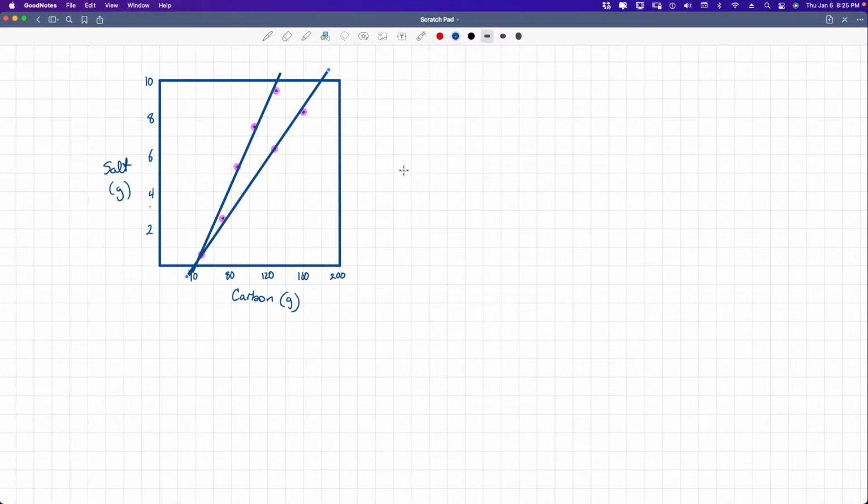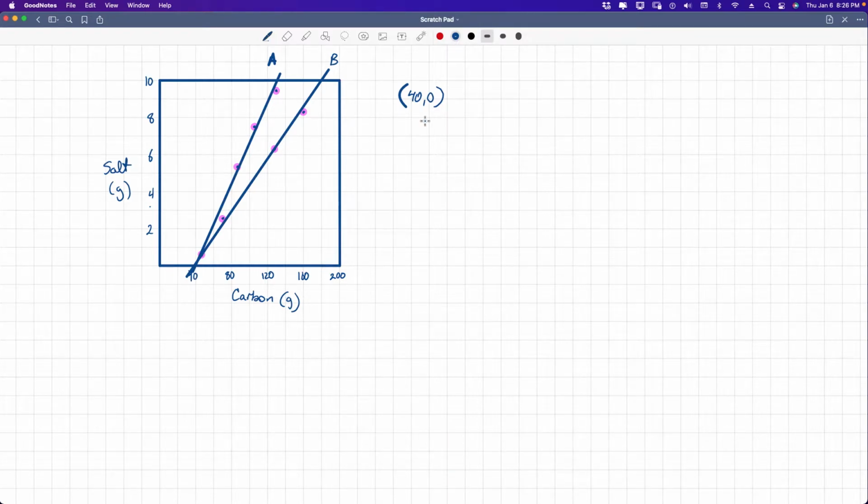So let's see if we can solve these two. It appears that line A is passing through the x-axis, the first line. Let's call this A. Get my pen back, and we'll call this B. Line A is going through 40, 0 on one end.